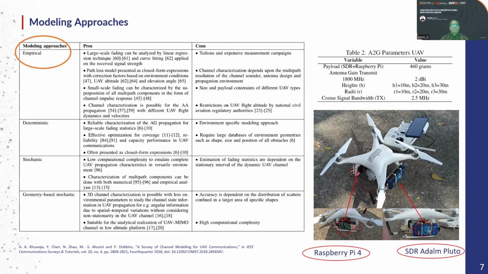The UAV was tested at 3 different altitudes and flight radii: 10 meter, 20 meter, and 30 meter, and the same parameters for flight radius. The devices used for data collection were Raspberry Pi 4 and SDR ADALM-Pluto.